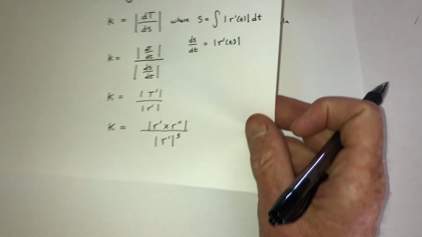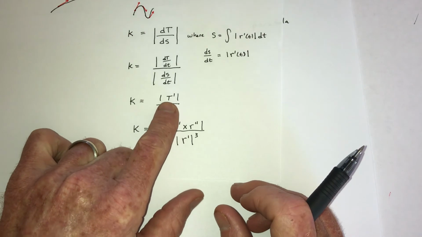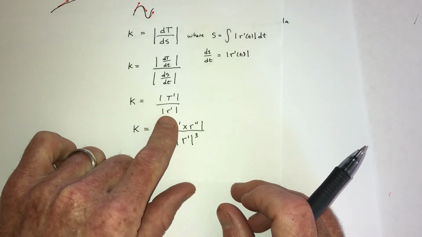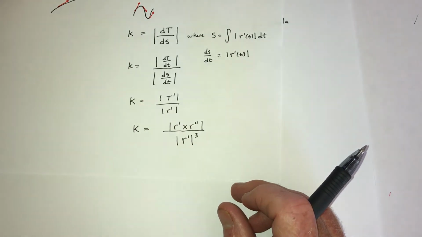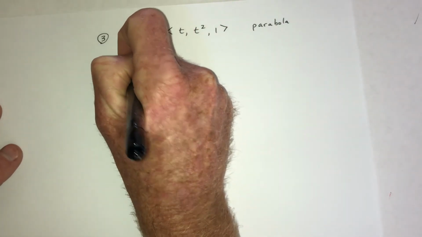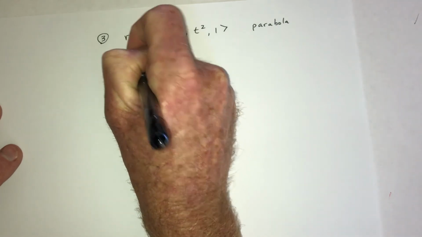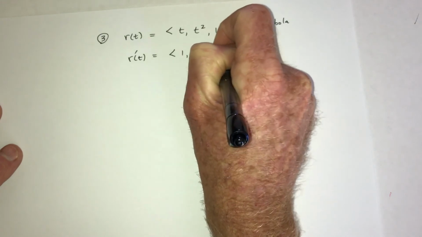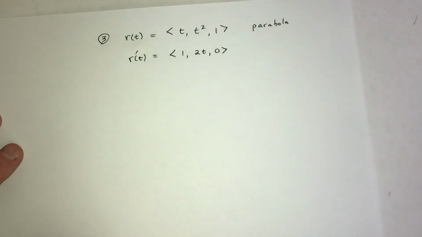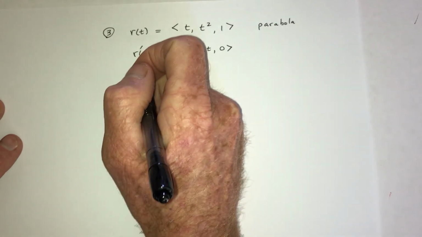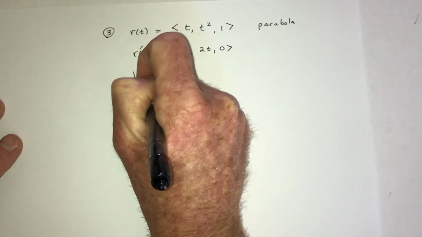So for the curvature itself, we would need t prime divided by r prime. So for t prime, we need to first start with the derivative. The derivative would be 1, 2t, and 0. That was so easy, I think we're going to be done in a matter of seconds. And then find the length of that.